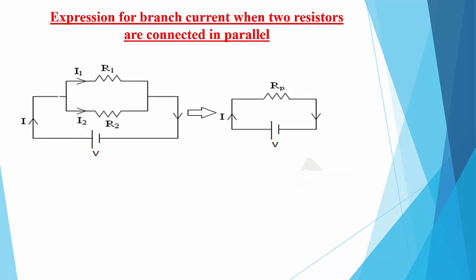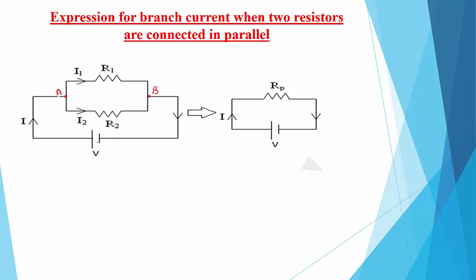Here you can observe we consider two resistors R1 and R2. These two resistors are connected in parallel. Parallel combination means these two resistors are connected to common points. Let us take A and B. So when two resistors are connected to the common points, we call it a parallel combination.